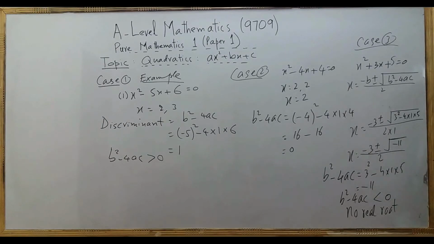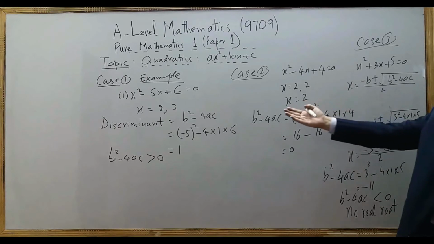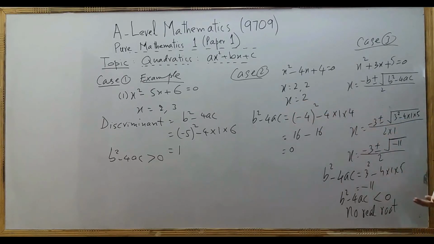One thing again I am repeating, keep in mind that the discriminant doesn't give you the solution. It just gives the nature of roots, what type of roots there will be. We have three cases, we have to remember this. If the discriminant is positive, we have two distinct real roots, different or unequal roots.